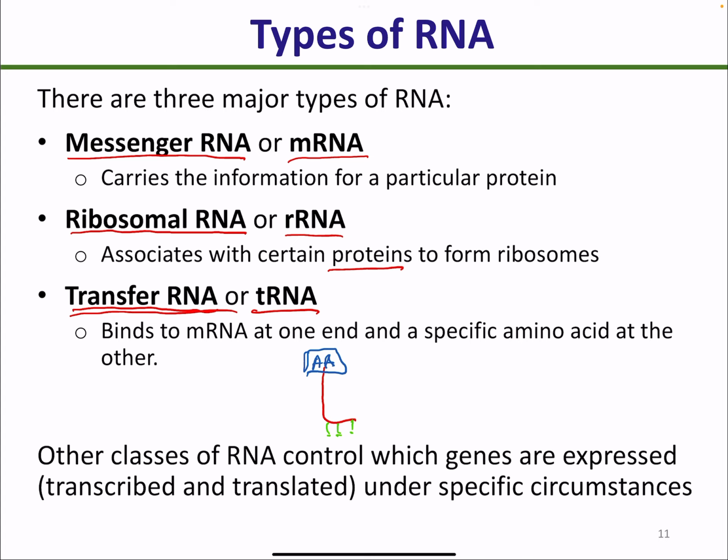Other classes of RNA are going to basically control which gene is being expressed, when, and in which circumstance. But let me close that parenthesis. So remember, three types of RNAs: messenger RNA that carries the information responsible for a protein to exist; ribosomal RNA, the RNA that is found as a structural part of the ribosomes.